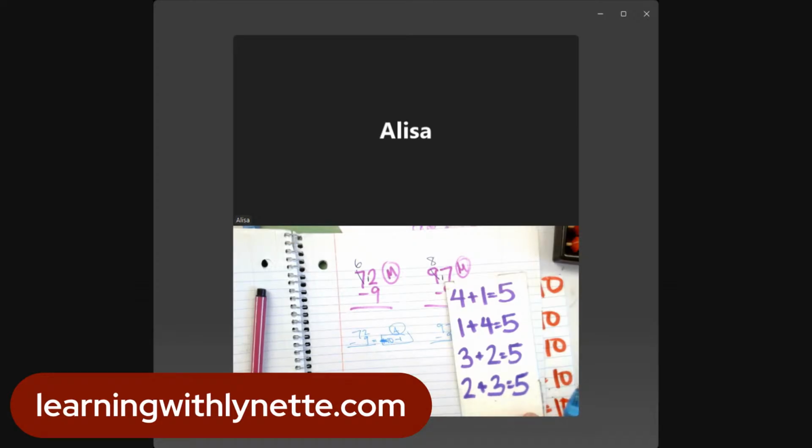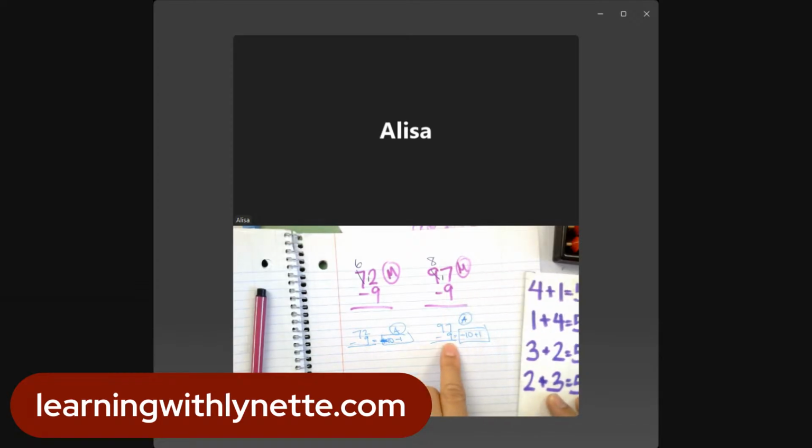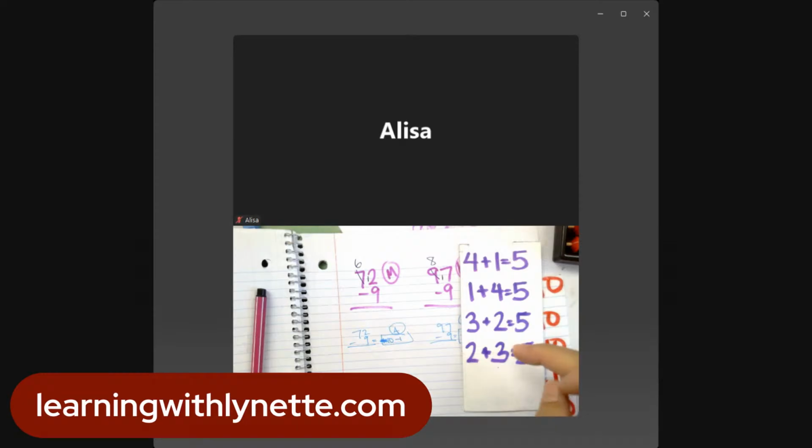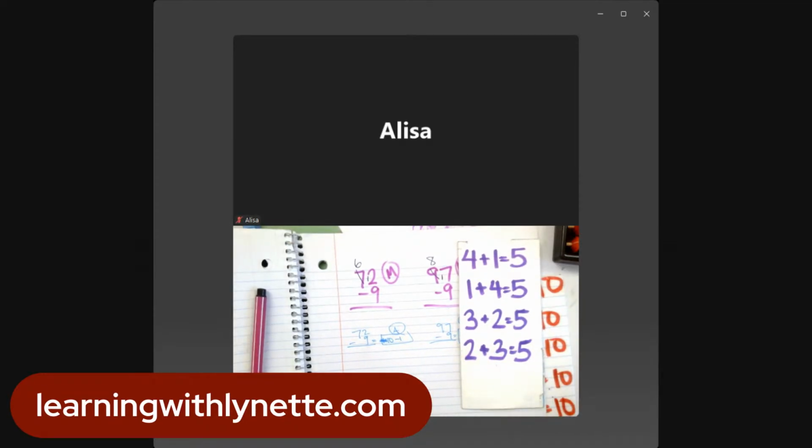Correct. Anything, adding and subtracting. If I do 9, I'm never going to use the 5 because there's no partner to make a 5 with a 9. The focus is how do you make a 5? We're not going to subtract 9 from 4.